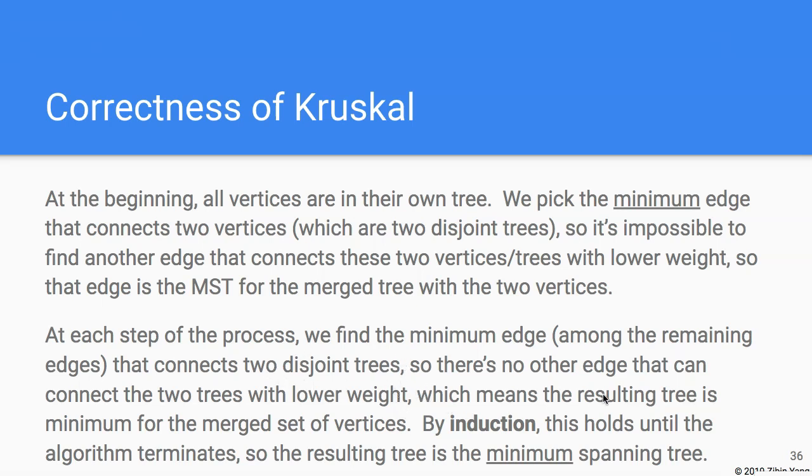So that would mean the resulting tree is the minimum for the merged trees. Okay, so this is the meaning of induction, right? We prove at every step that the result we maintain is a minimum spanning tree. So by induction, this would hold until the algorithm terminates. And therefore, the resulting tree is the minimum spanning tree for the whole graph.